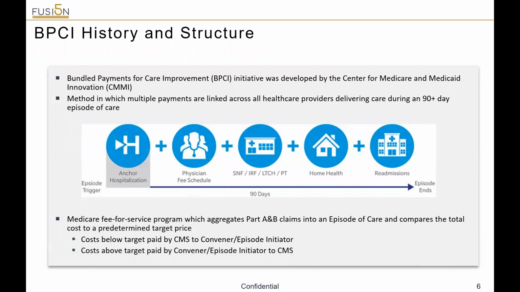Whatever that geometric or arithmetic mean is, that is covered in here, as well as the period 90 days post-discharge, which includes all of the post-acute care providers, SNF, skilled nursing facility, inpatient rehab, or acute care rehab. It will be LTACs, which is long-term care hospitalization, and any physical therapy, occupational therapy, anything that happens downstream, home health, and will include readmissions, as you'll come to see.